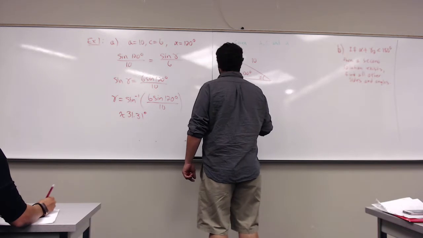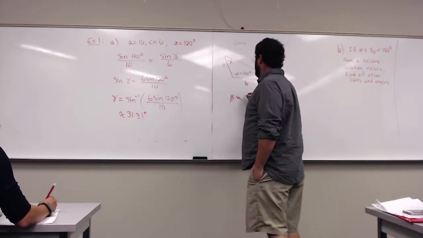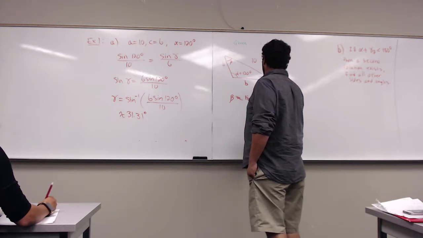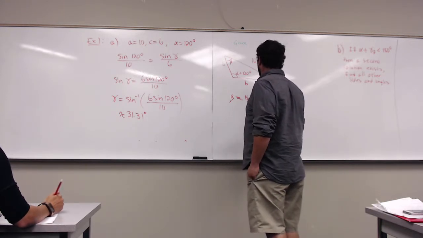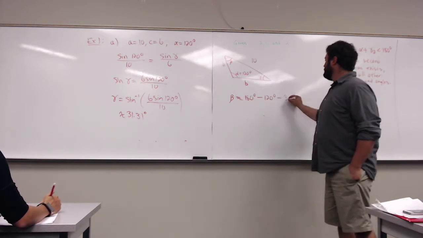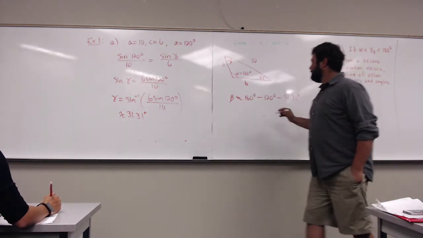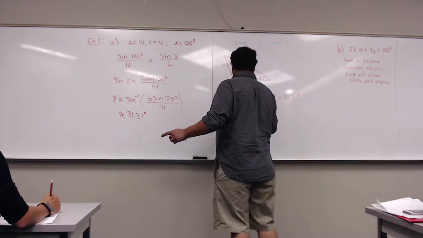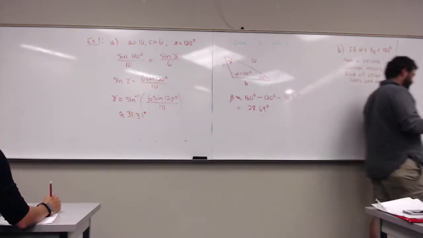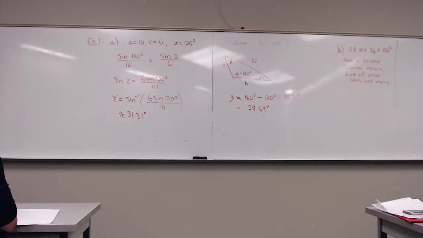I take 180, subtract the 120, so I subtract alpha, and then I subtract the angle we just found, and you said that equals what? 28.69. Okay. So beta can be found by starting with 180 and then subtracting the other two angles.